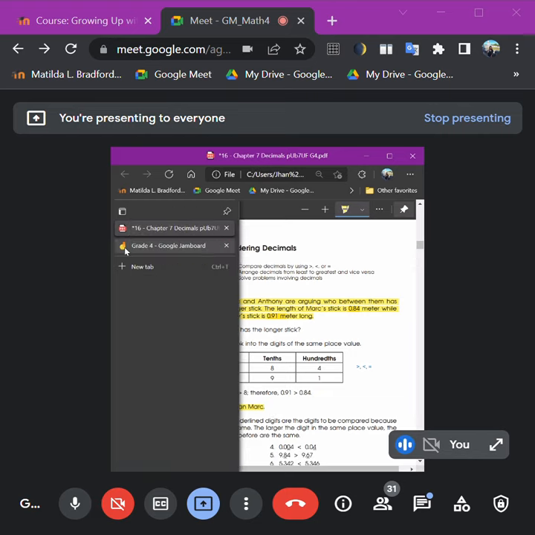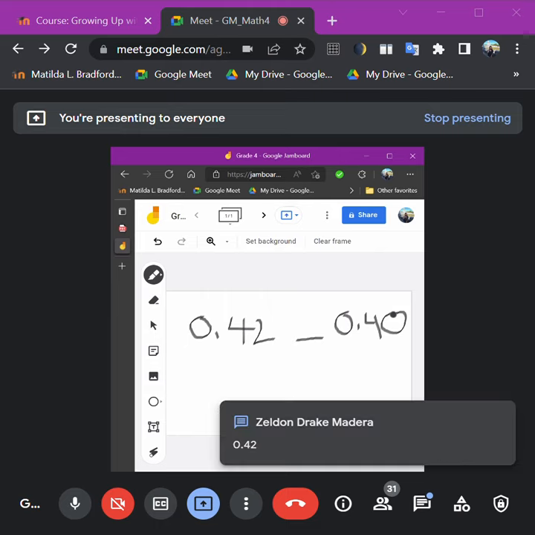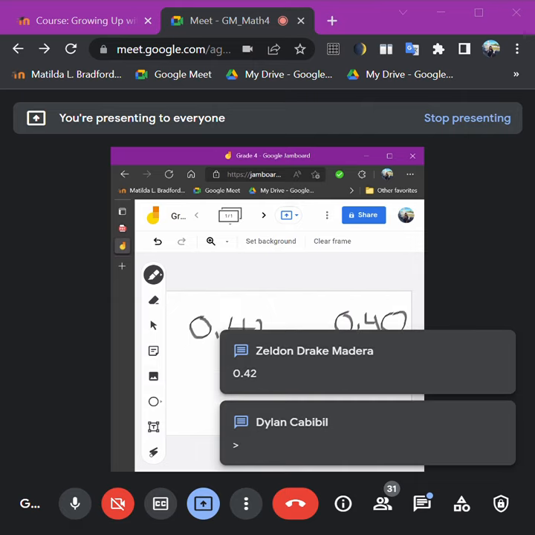Now let's move to more examples, class. This time I'm going to use Jamboard. What if the given is like this? You have 0 and 42 hundredths, and we have as well 0.40. What would be the symbol that we're going to use here?